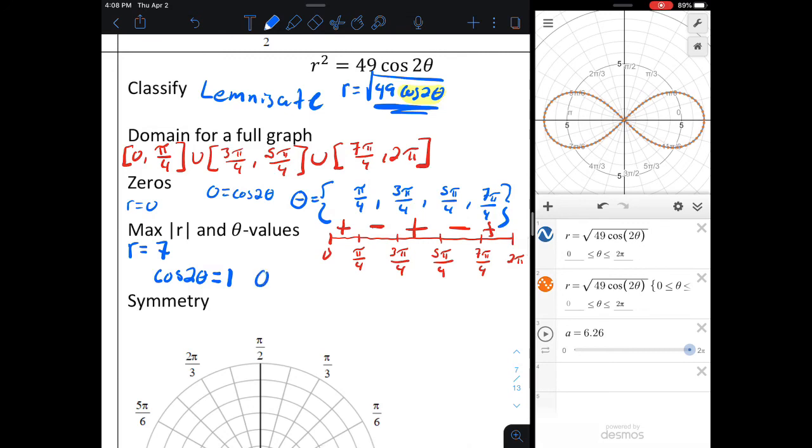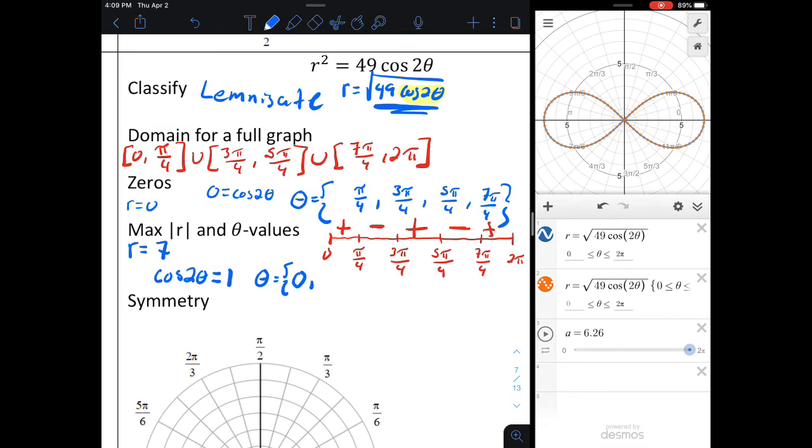And where does cosine equal 1? Well, cosine equals 1 when it's applied to 0 or 2 pi. But we're doubling, so I'm doubling these theta values. So definitely theta equals 0 would work. And then what about pi over 2?